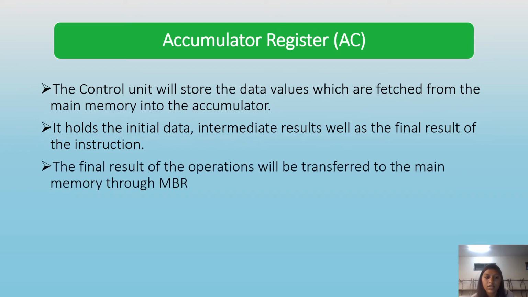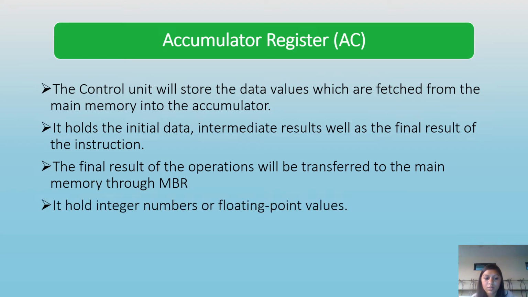The final result of the operations, which can be arithmetic or logical, will be transferred to the main memory through the MBR. Accumulators typically hold integer numbers or floating point values. It is very fast and efficient to use because they can be read from and written to without having to save them first in memory.